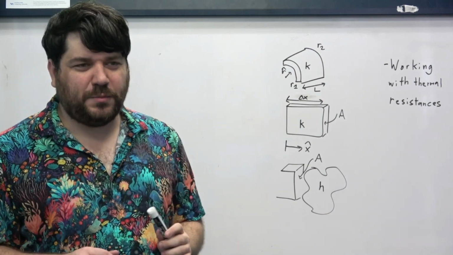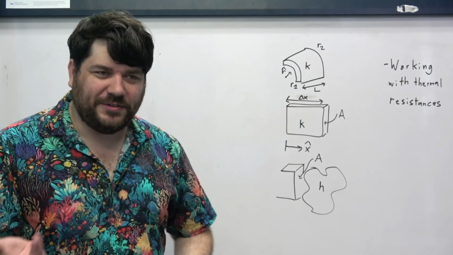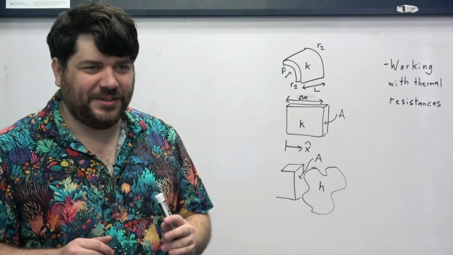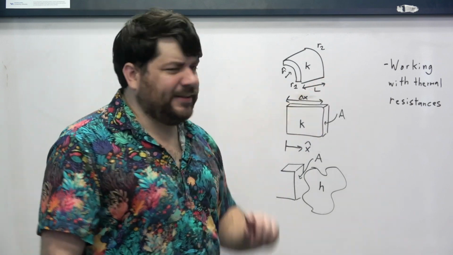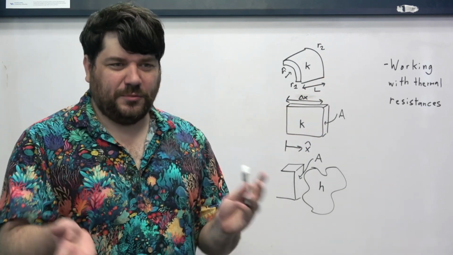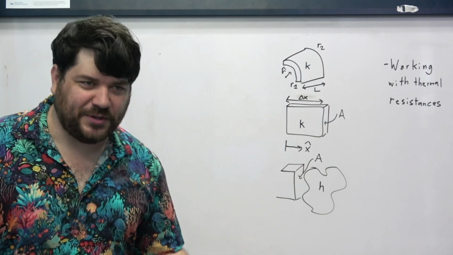So let's write down the expressions for the three different sorts of systems that we've seen so far so that we can keep track and know that that's the case. So consider the cylindrical system, which is the most recent one that we tried to develop and perhaps the most complex.